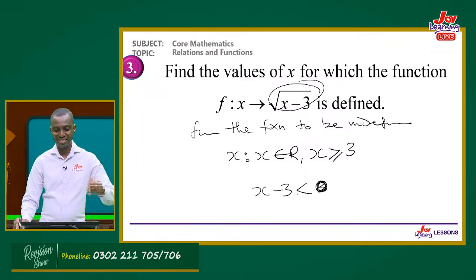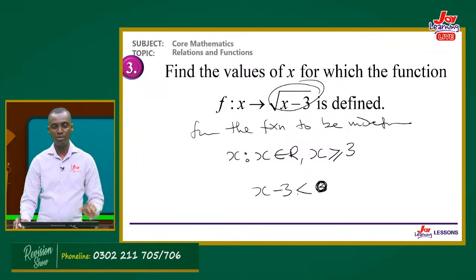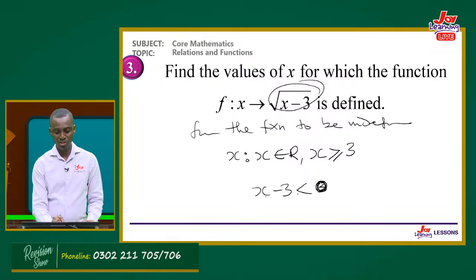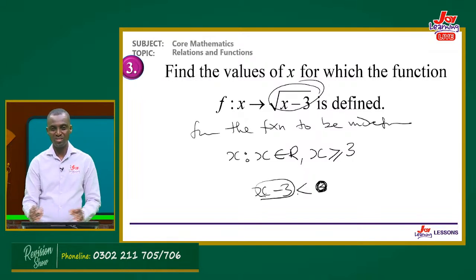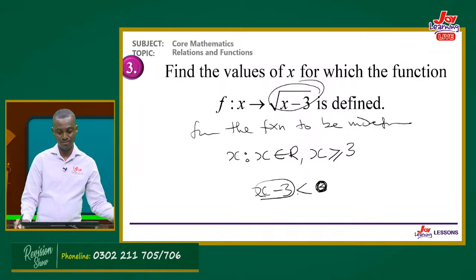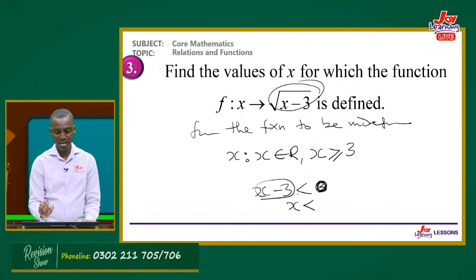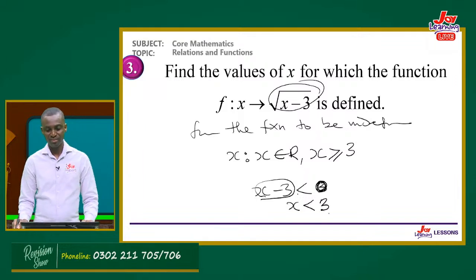The moment the number is less than 0, it will be undefined. So we find the value of X in this inequality, and X is going to give us less than positive 3. So any number less than positive 3 will make the statement undefined.